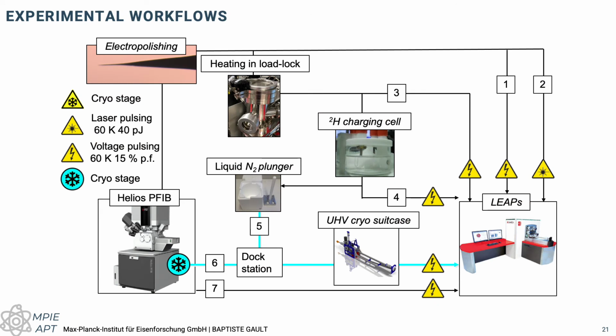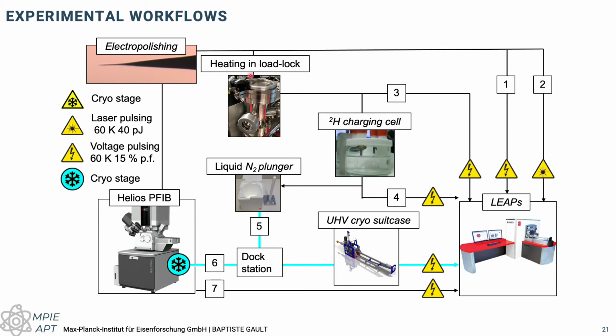The next step was to go not only for hydrogen that was not diffusing very fast, but hydrogen that would diffuse faster. So we tried a whole range of different workflows, a little bit like what the Oxford group had already done, but through our own infrastructure. We wanted to go, for example, from electropolishing a needle, so not the FIB, directly into the LEAP, and analyze in high voltage pulsing mode or laser mode.